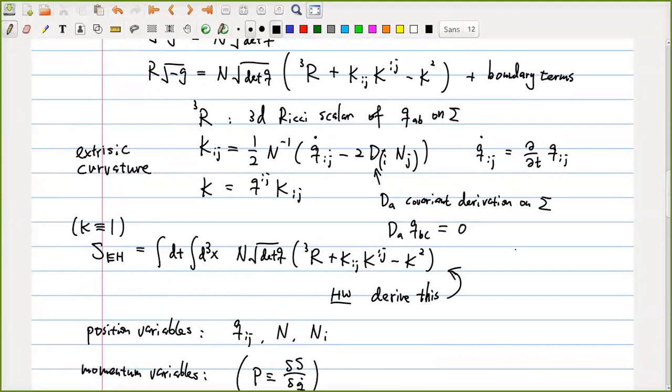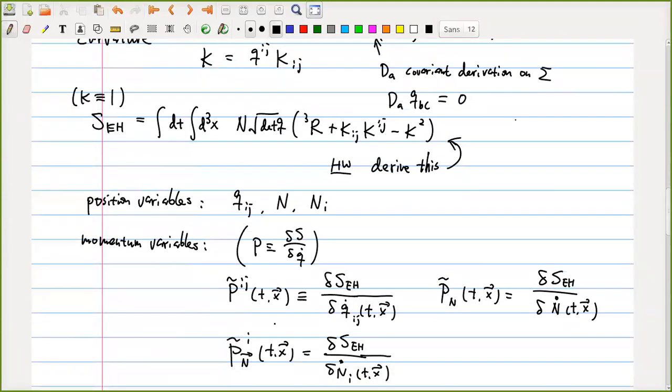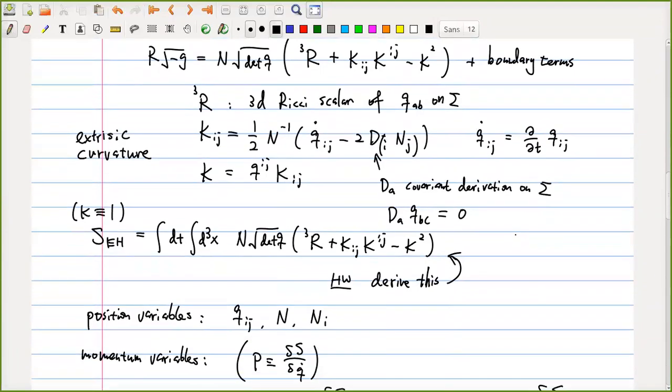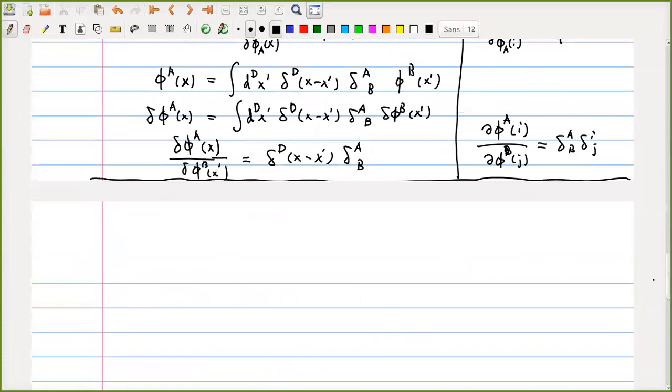When you compute the conjugate momentum with respect to q dot, what you capture is just this term, and you get two of this term in Kij and Kij. You just compute the derivative, and what you get is p twiddle ij equals determinant of q times (Kij minus K qij).